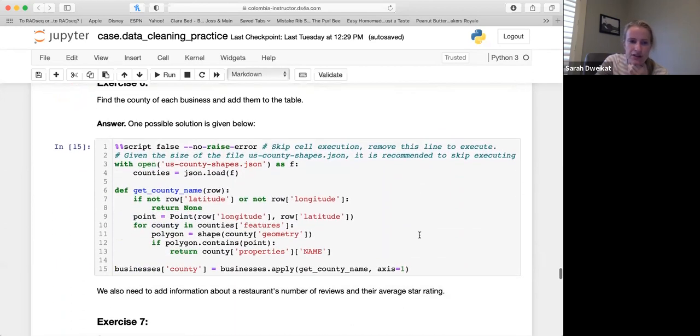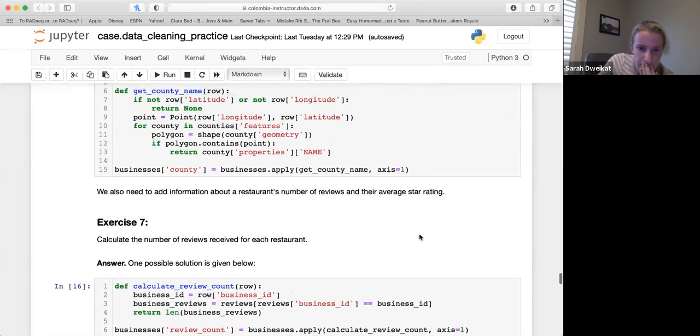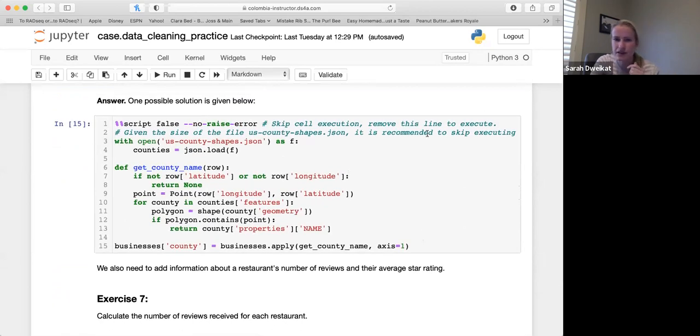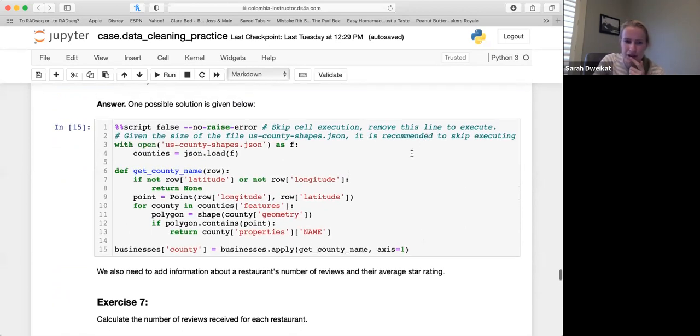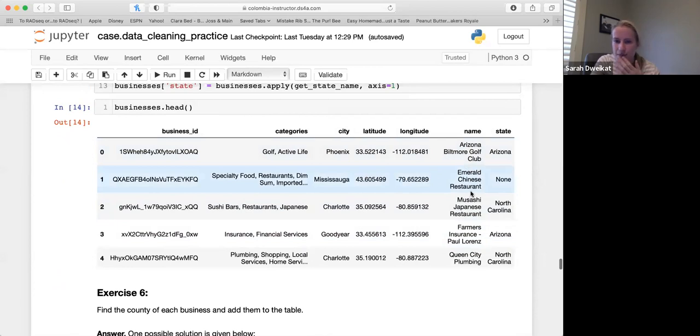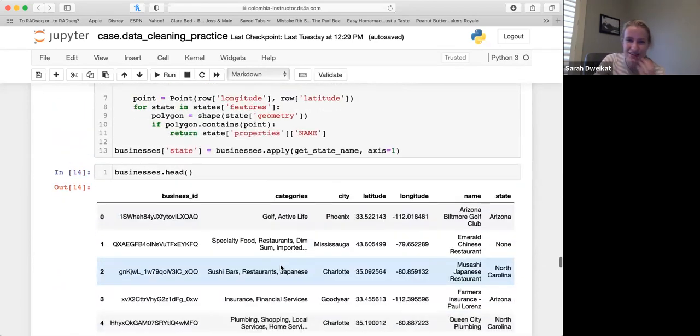It says restaurant, but this should be business, because we have golf clubs, Chinese restaurants, farmers insurance, and financial services.